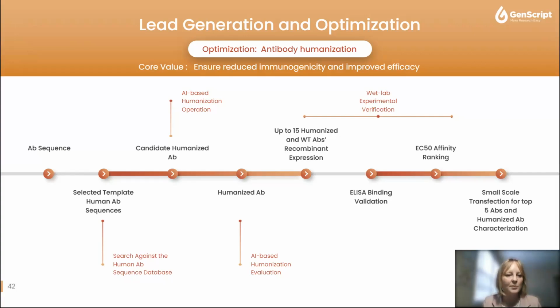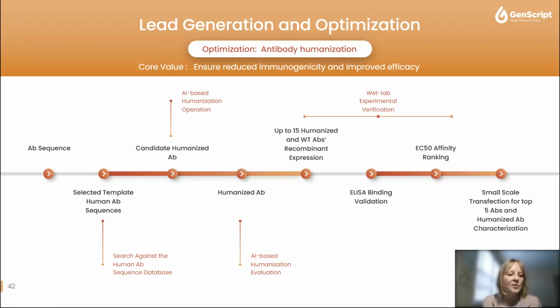By minimizing potential immunogenicity risks, humanized antibodies have a higher likelihood of progressing through preclinical and clinical development stages. Just to refer back to those two examples I gave at the beginning, both those antibodies were humanized.